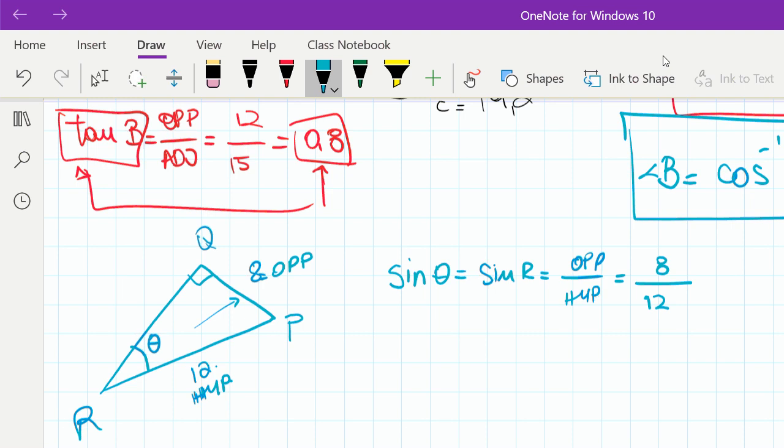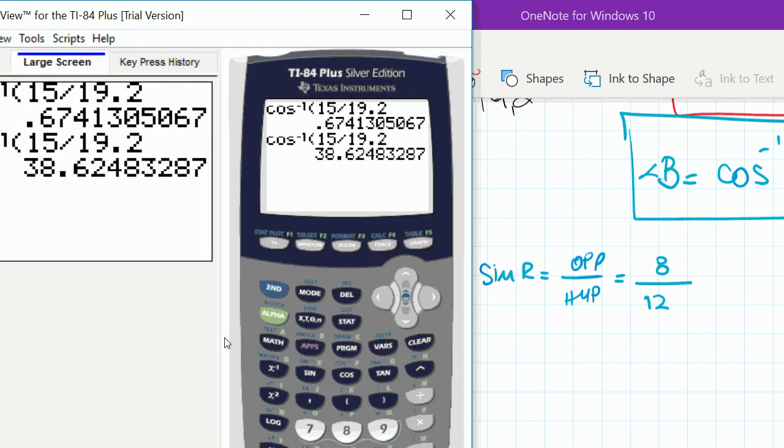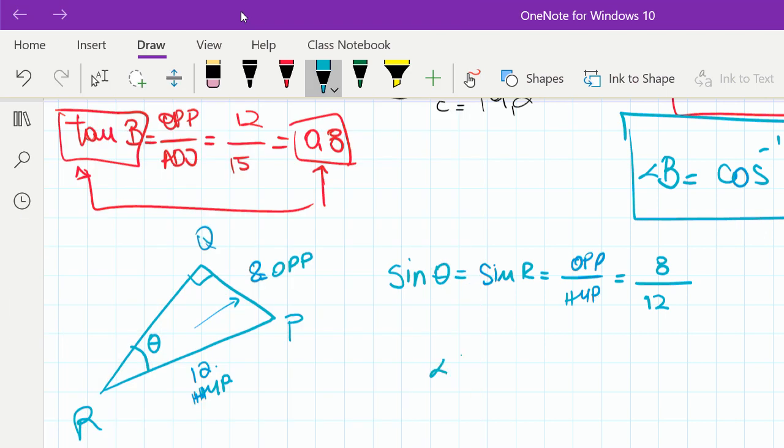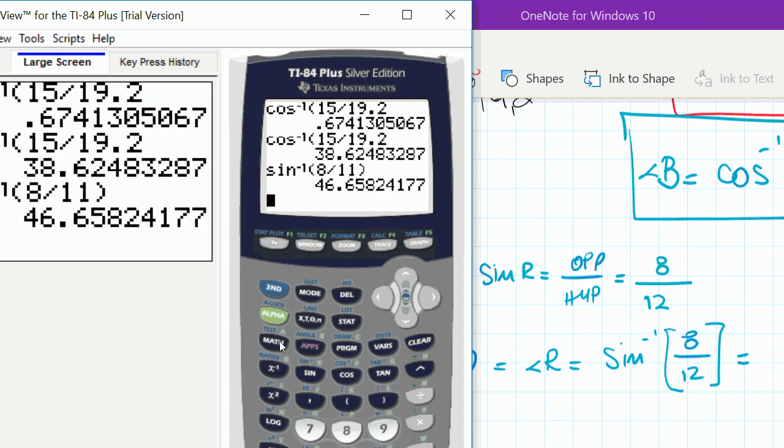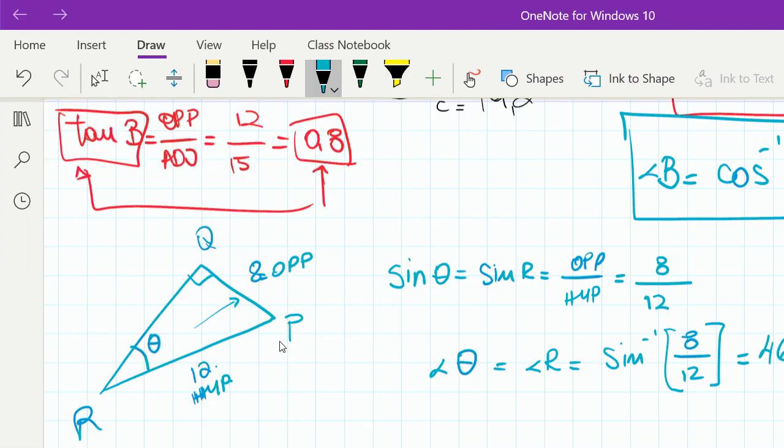So in your calculator, in order to find angle theta or angle R, we will go inverse sine of 8 divided by 12. You may close brackets or not, doesn't really matter. It will be 46.7 degrees.